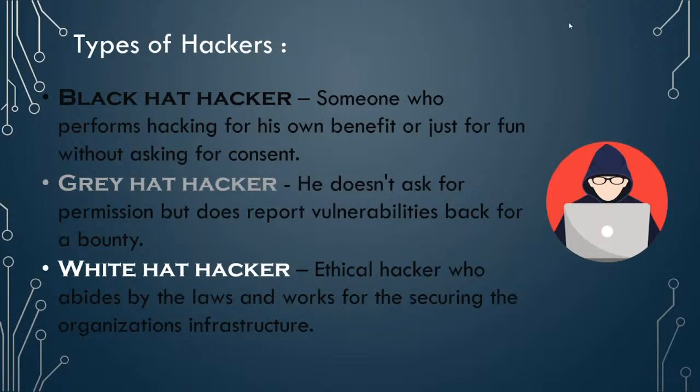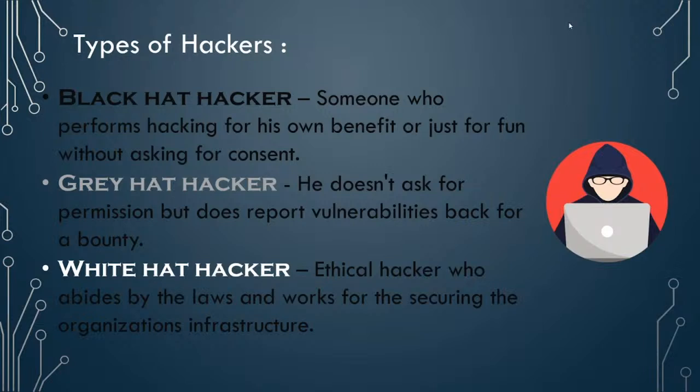On the other end of the spectrum, we have the white hat hackers, who are also termed ethical hackers or penetration testers. These people perform ethical hacking, or in simple terms, penetration testing, to find all the vulnerabilities in the organization. They do this by asking for consent and by following all the laws and policies set by the organization.